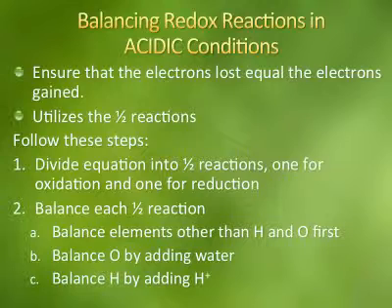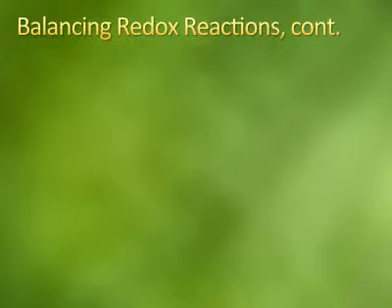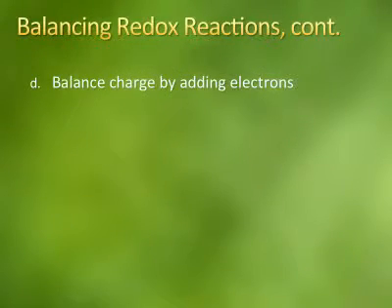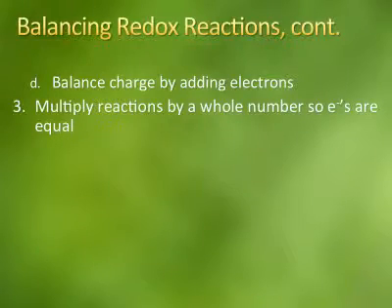After you do that, you are going to multiply each side to get your electrons to balance out. So we have to add electrons to our equation now because we have ions. We can't just lose electrons, right? So we also have to balance our electrons because our oxidation numbers are changing. But most likely you're not going to get equations that have the same number of electrons on each side.